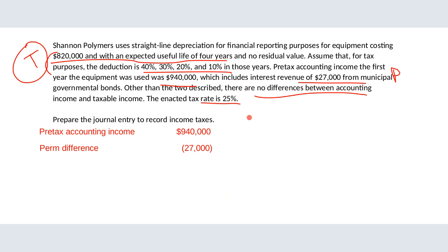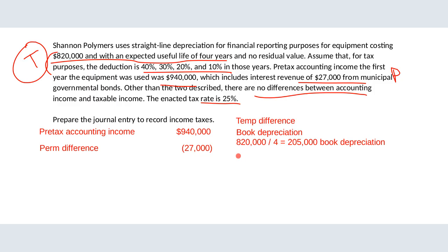And then we have our temporary difference, and I should probably do a side calculation here. So we have, first of all, book depreciation. It's 820,000 divided by 4, right? So 820 divided by 4 is 205 of book depreciation.